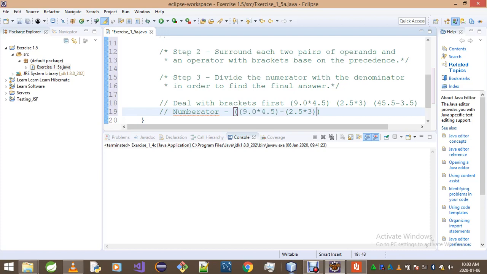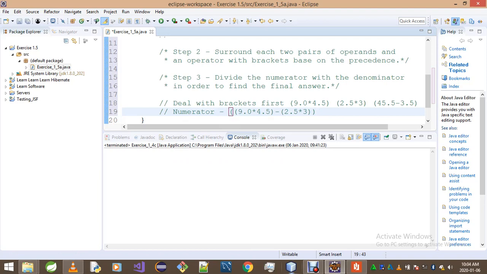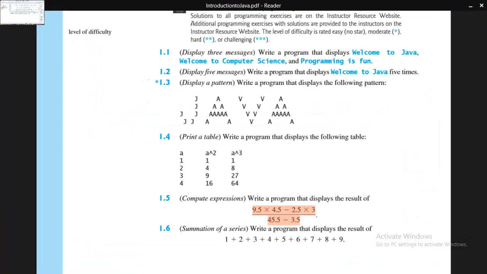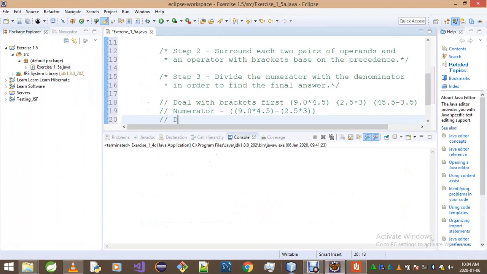You put the whole thing inside the brackets. We're done with the numerator. Now we've got to deal with the denominator. Simply put this. This is our denominator.